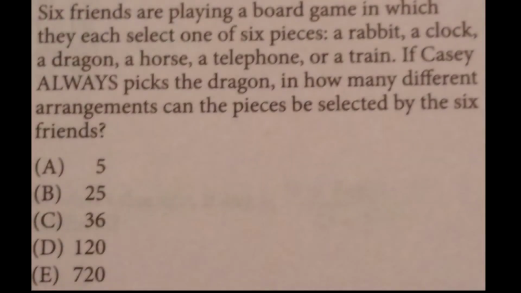6 friends are playing a board game in which they each select one of 6 pieces: a rabbit, a clock, a dragon, a horse, a telephone, or a train. If Casey always picks the dragon, in how many different arrangements can the pieces be selected by the 6 friends?